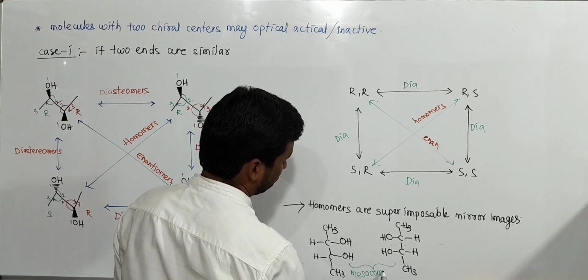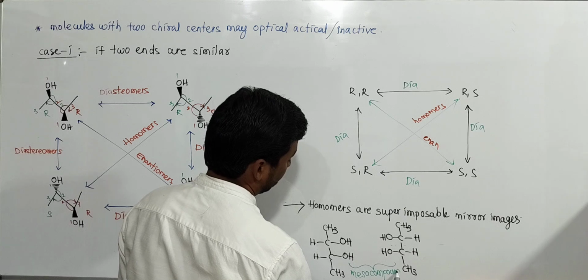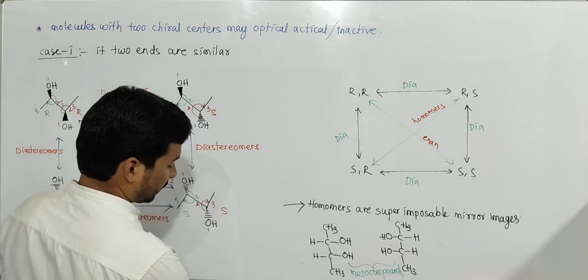These two are meso compounds. These two meso compounds are enantiomers. How?